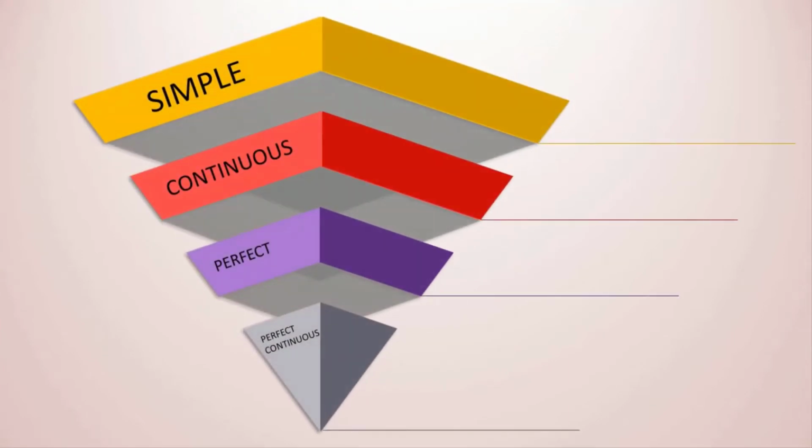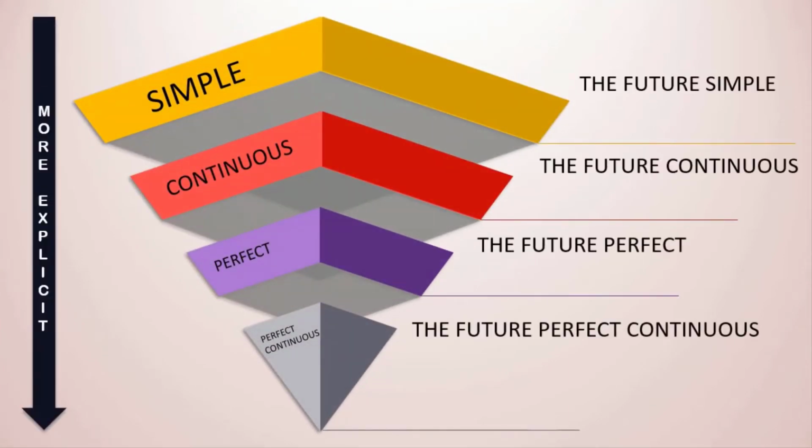There are 4 aspects of each time tense in English. Here you can see that as we go down the inverted pyramid, each aspect becomes more and more explicit. The future simple is about as general as it gets. It simply states that in the future something will happen. A simple prediction of a completed action. The future perfect is more explicit.